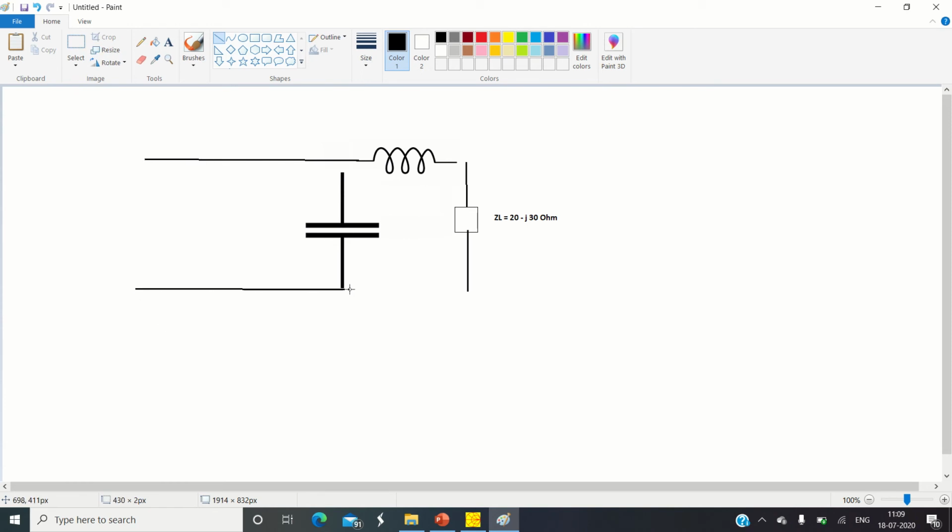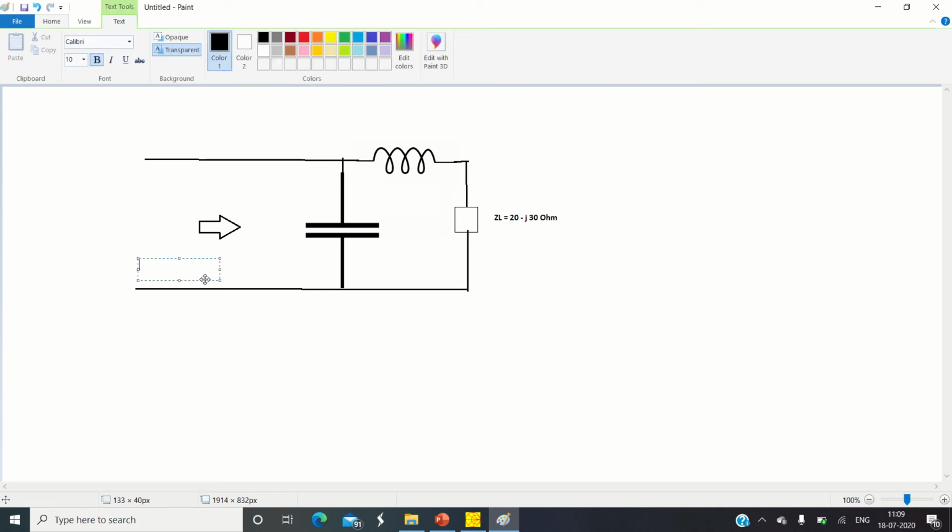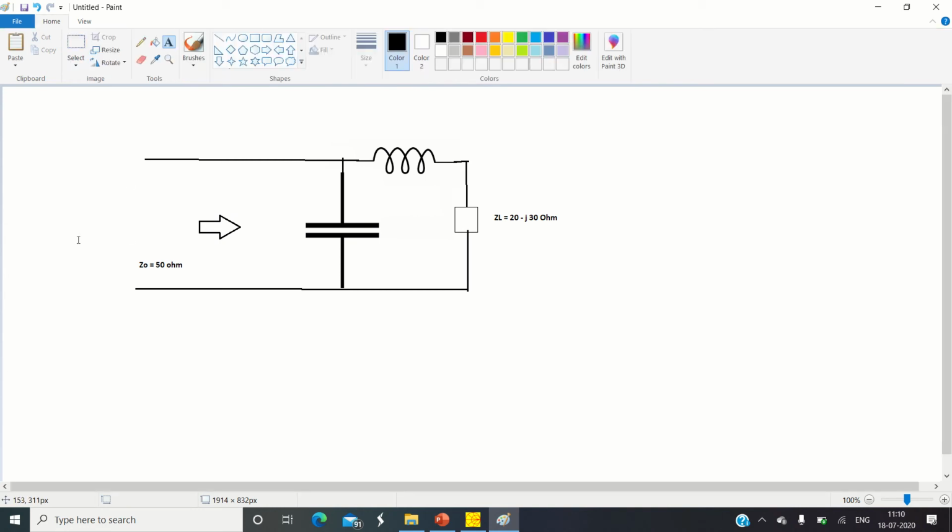You can connect the component on this side also, and whatever extra part is there, you can remove it. You can draw it with your hand also. So this is a transmission line, and the impedance we get by looking into this transmission line is Z0, which is 50 ohm. On the left hand side somewhere here the generator is there.